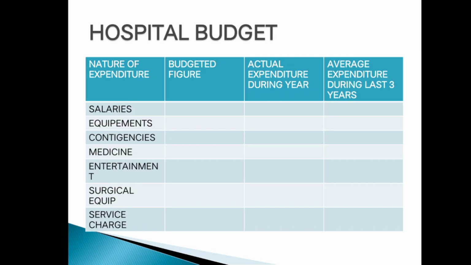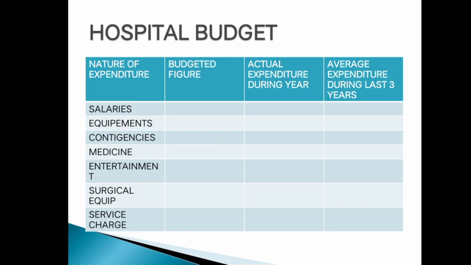For this, there are salaries, equipment, other expenses known as contingencies, medicines, entertainment purposes, surgical equipment, and service charges. For each and everything, the hospital budget committee will figure out how much budget is required for the present year, and they will compare with the previous year and with the last 3 years, how much amount has increased based on the need, and also how much quantity is required.